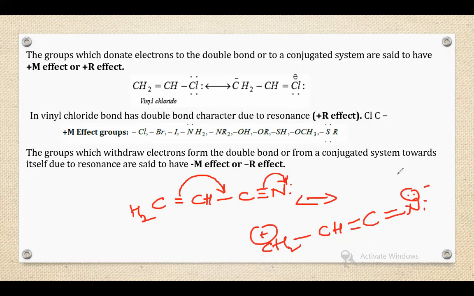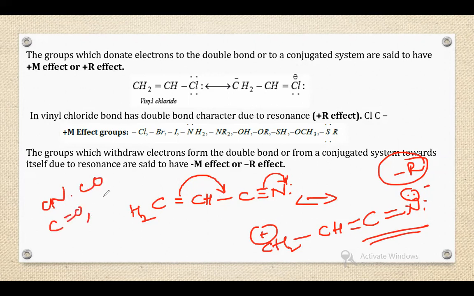So this is called the minus R effect, the negative resonance effect. Which groups are attached? The CN group is attached to this. What is that CN group? CN, CO, CHO. The CO is the ketonic group, C double bond O.